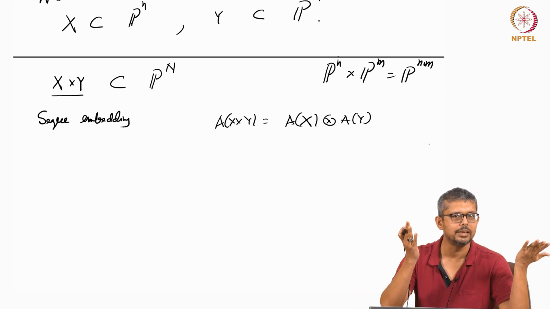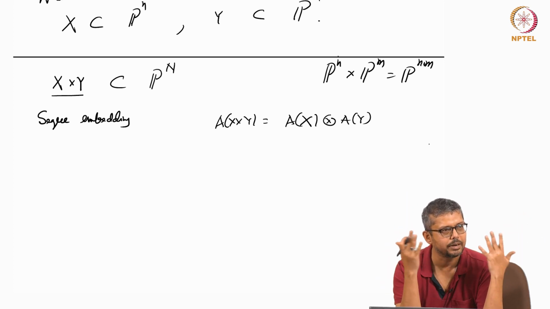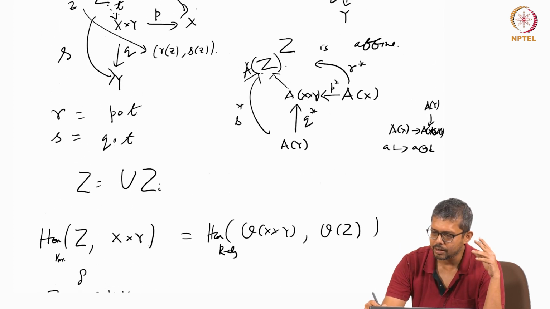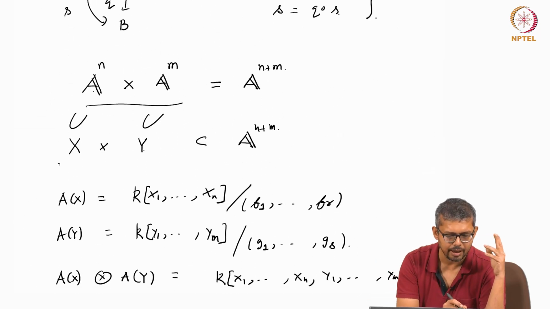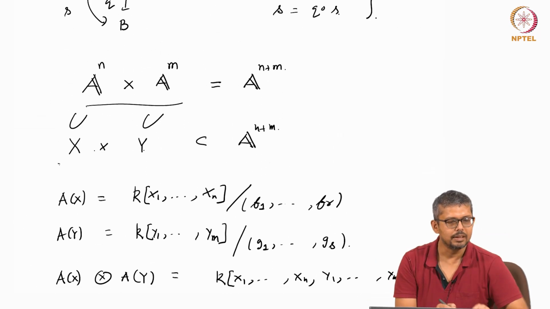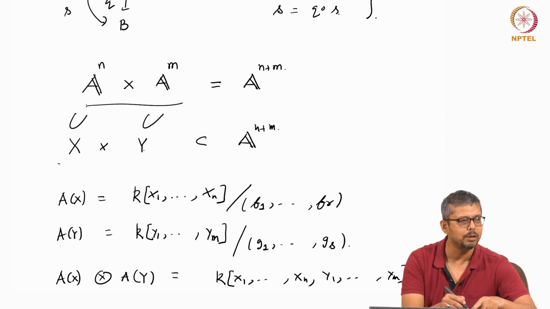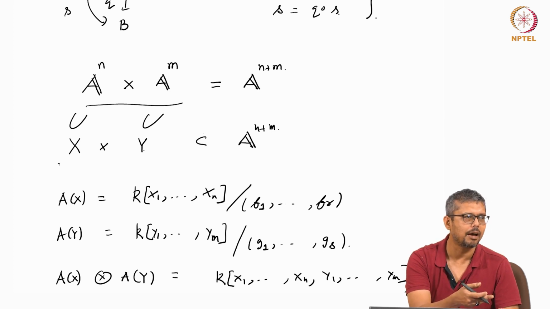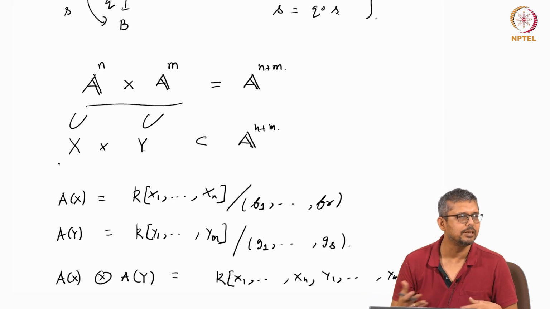Whether you choose X in A^n or in A^(n+k) does not matter. If X is embedded in another affine space, A of X cross Y would not change because that's an invariant.